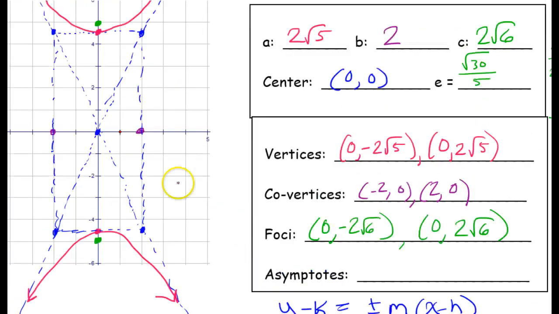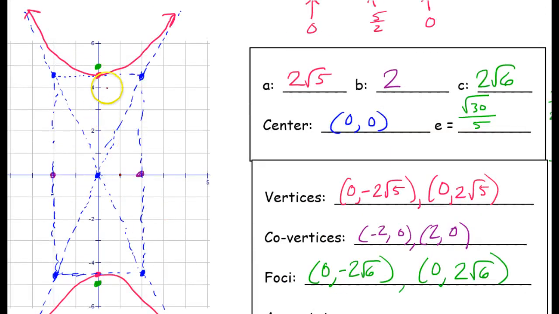Well, just pick one of the asymptotes and check the rise and run. Now be careful because this is a decimal, so remember what this was. This was the a value. So the rise is this a value of 2 radical 5.